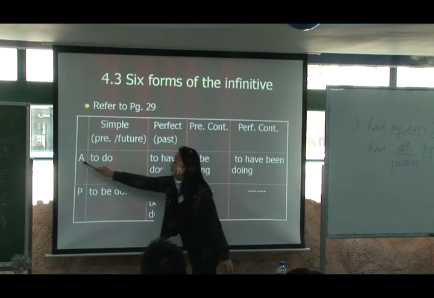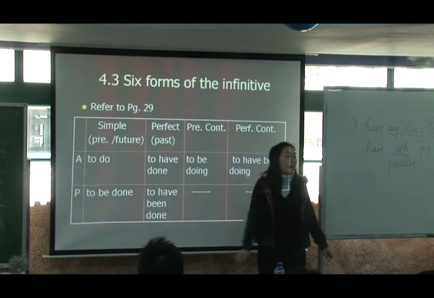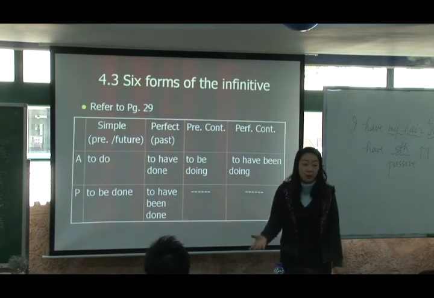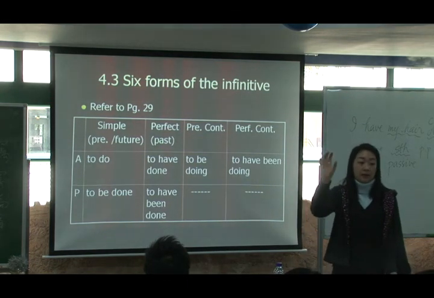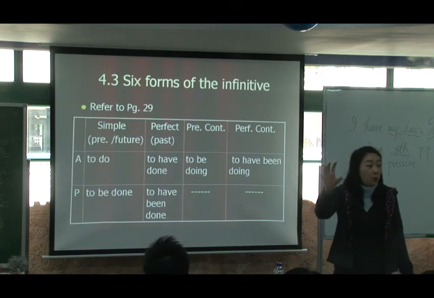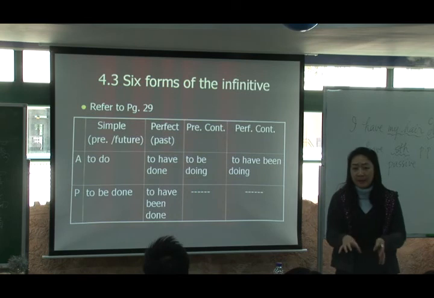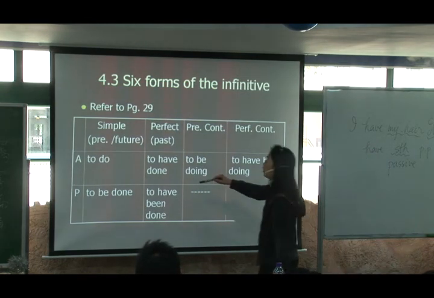Perfect. This one is active. To have done. That means if you want to tell me, I want to go, for example, now you use to go. If it did not happen in the present, not in the future, it happened in the past, you cannot write to go.